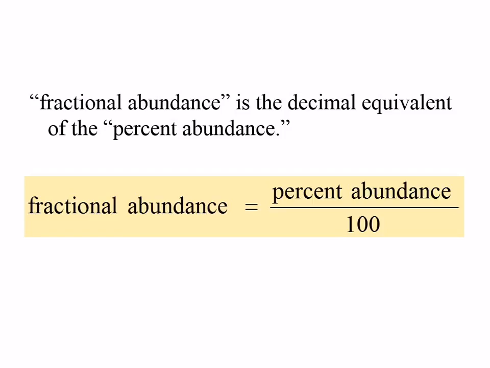Okay, so when it said 99.98% is this form of hydrogen, and deuterium is 0.02%. Okay? So that's the percent abundance.